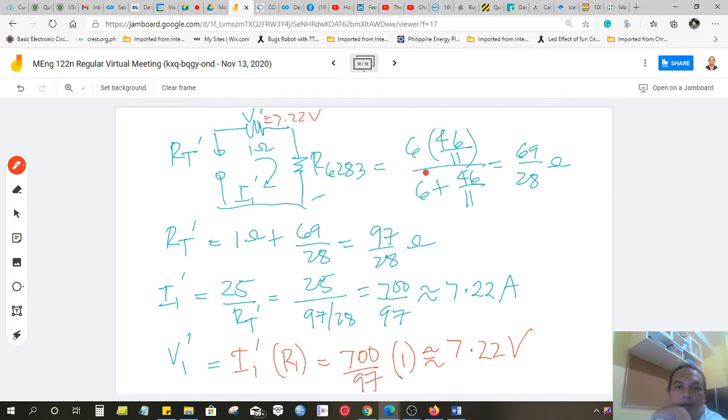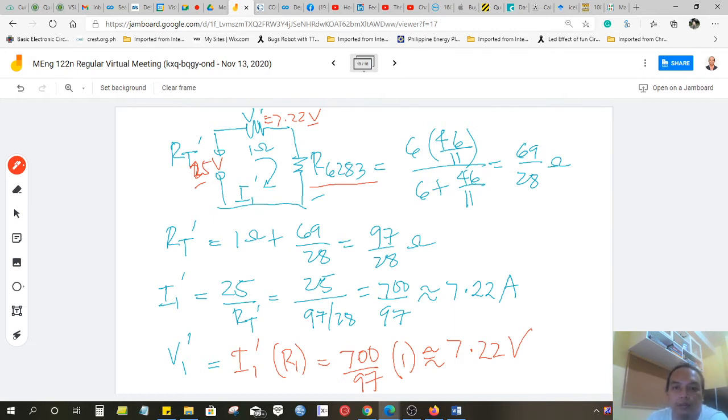7.22 volts. We have our power supply or electromotive force of 25 volts. Now, if we subtract EMF minus this, mao na ang voltage nga nabilin dinhi sa tibuok nga resistor 6, 2, 8, 3. Diba? 6 ohm, 2 ohms, 8 ohms, and 3 ohms.